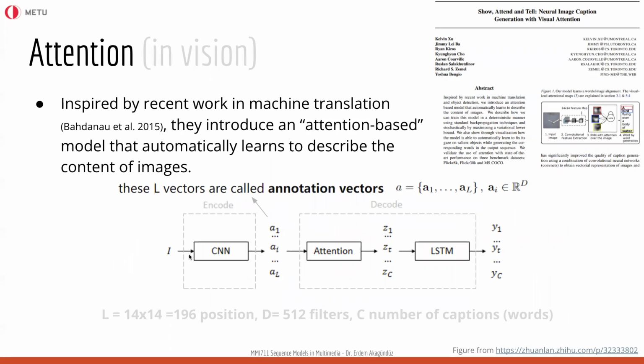So I encode this, I have the attention mechanism, and I feed it to the decoder. Now I want to remind you of the actual Show and Tell. In the actual Show and Tell, we didn't have the attention layer. Instead, what we had was the decoder and the encoder, but not the convolutional output, but the fully connected output.